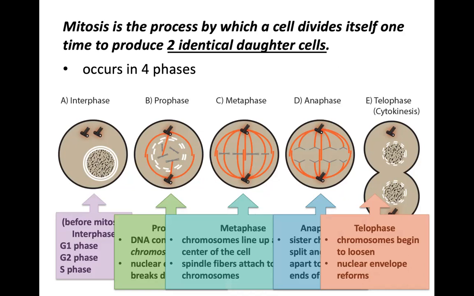Because then it's going to start over again, and those 2 cells are going to now become 4, and those 4 cells are going to become 8, and 16. All right, we'll stop there. Okay, so the cells continue dividing.